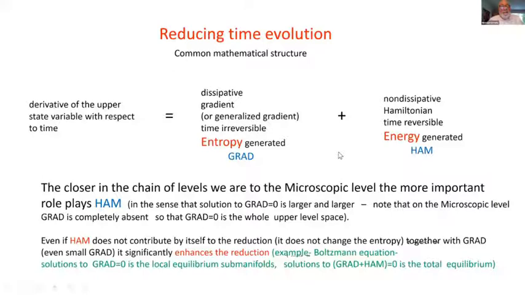Now, in the Boltzmann equation, this one is the collision operator, and this one is the free flow. But in an abstract way, what is a free flow is actually Hamiltonian. Historically, in the context of hydrodynamics, this is the Euler part, and this is the Navier-Stokes-Fourier part. The Euler part is Hamiltonian.